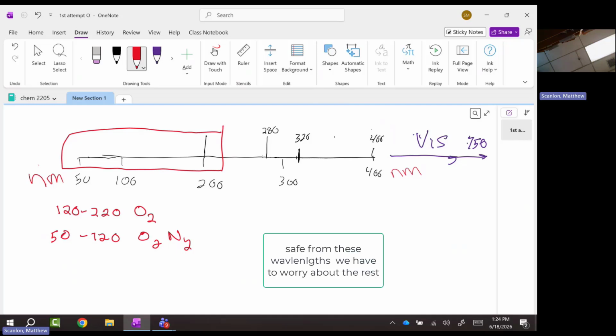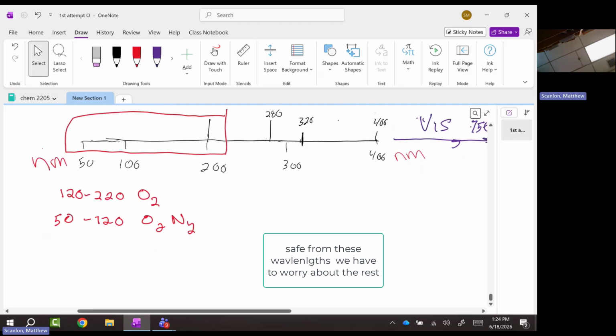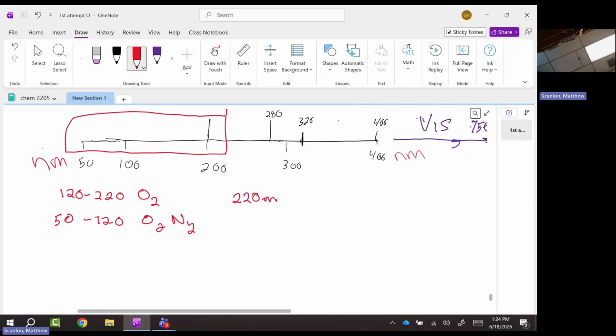If we go above that, we go 220 nanometers to about 240. Oxygen will take that and absorb that UV radiation, but it's weak. It doesn't get it all. And that's a problem. Fortunately, from 220 to 320, ozone absorbs.